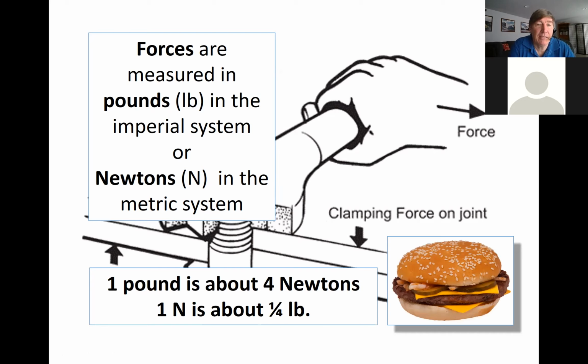Now we are going to be using both units interchangeably because engineers need to be fluent in both languages, both the metric system and the English system. Think of it as a language. So you guys need to know both.